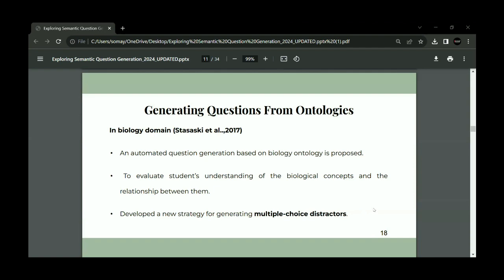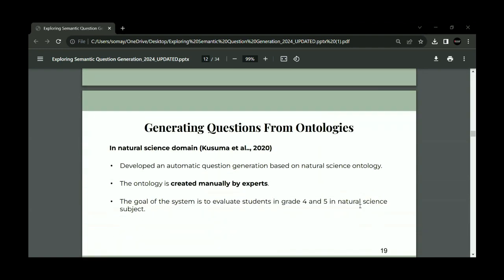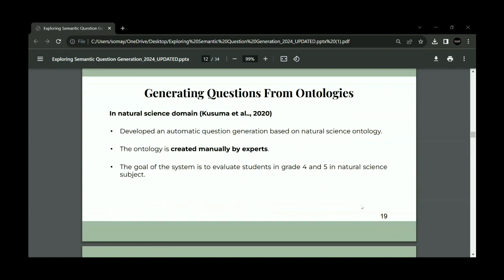They developed a new strategy for generating multiple choice distractors. In the natural science domain, they developed an automatic question generation based on the natural science ontology. This ontology was created manually by experts, and the goal of this system was to evaluate students in grade 4 and 5 in the natural science subject.